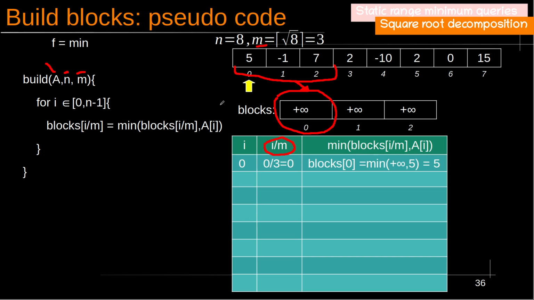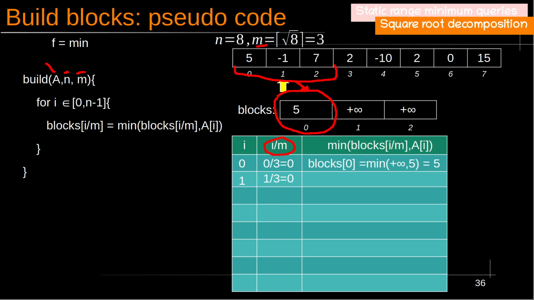and... I initialize array blocks by plus infinity to start computing the minimum, which is 5. The minimum of plus infinity and 5 is 5. This 5 will be stored in blocks 0. And I goes to 1. Now 1 over 3 is still 0.